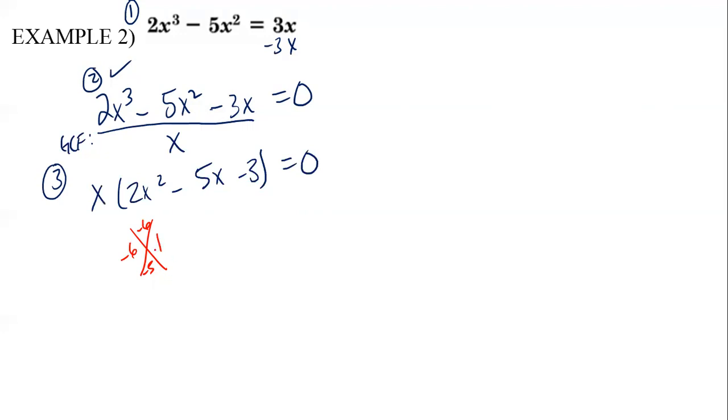Negative 6 and 1. Okay? So from here, you have the choice to either do the X box or do grouping. I'm going to go old school with grouping here. So we have x times 2x squared minus 6x plus 1 minus 3 equals 0. All I did was replace negative 5x with an equivalent expression.